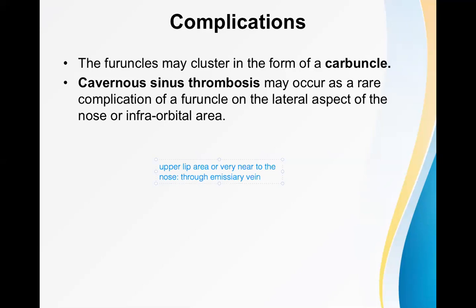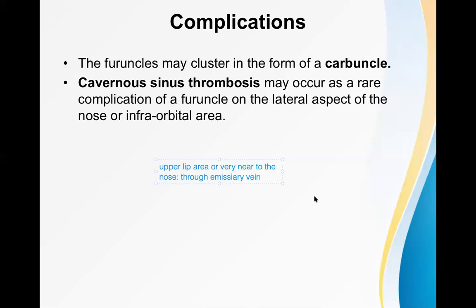So what does that mean? If I squeeze or press this furuncle which is present there forcefully, then the infected material can be forced inside through this emissary vein and it may reach the intracranial veins. Now, one of the important intracranial veins is the cavernous sinus. So that cavernous sinus may be infected, which may lead to cavernous sinus thrombosis, and this is a very serious infection.